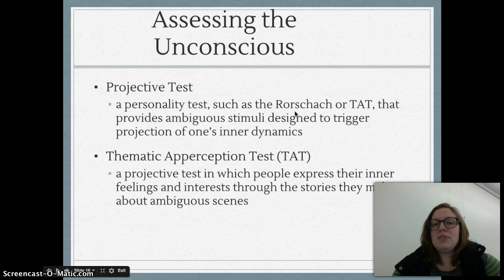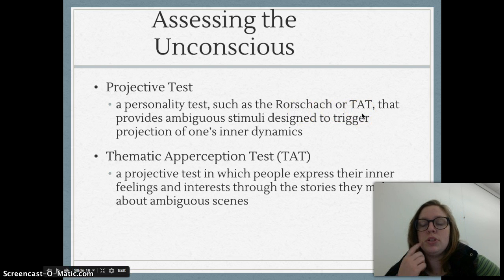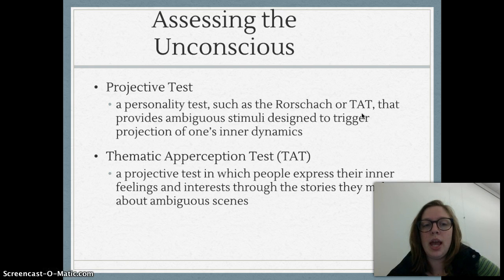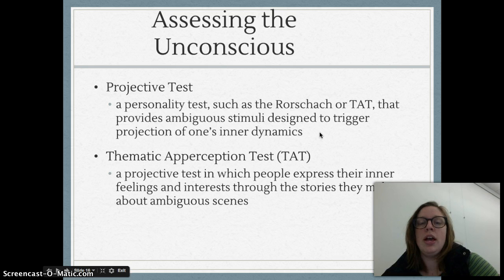A couple examples of this are the Rorschach or the TAT, the Thematic Apperception Test. They show images to the individual, then the individual needs to interpret that image and say what is happening there. The psychologist believes that this person is projecting their own inner feelings onto the image.